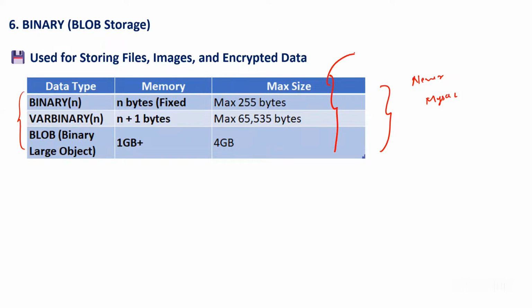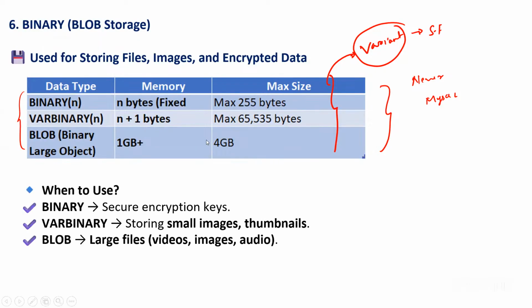Similar to this is something called the variant data type inside Snowflake. When we see Snowflake, we'll see more about this variant data type. But whenever you want to store images and all, you can use this type of data type.